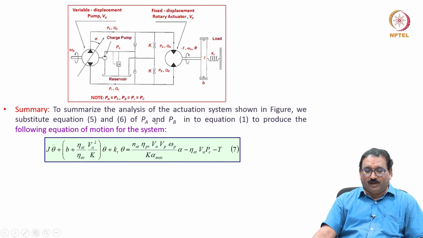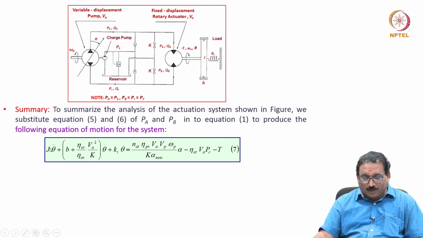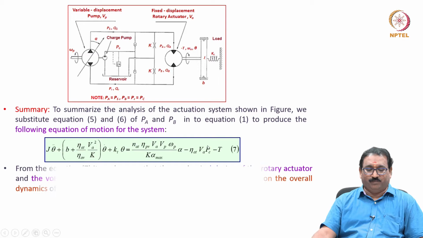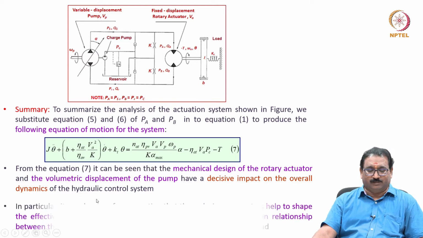I am substituting now PA and PB in equation number 1, which will give us the complete equation. From equation 7, it can be seen that the mechanical design of the rotary actuator and the volumetric displacement of the pump have a decisive impact on the overall dynamics of the hydraulic control system.